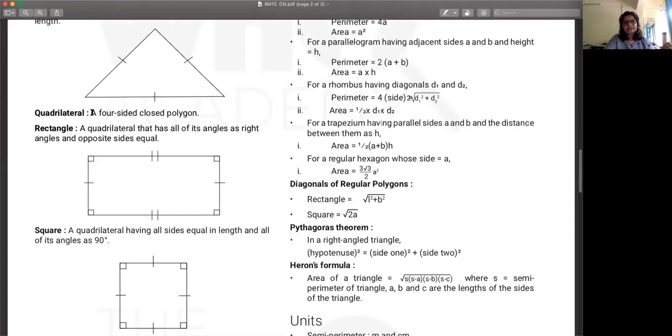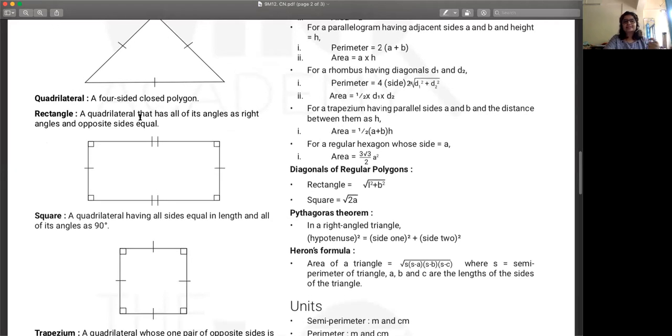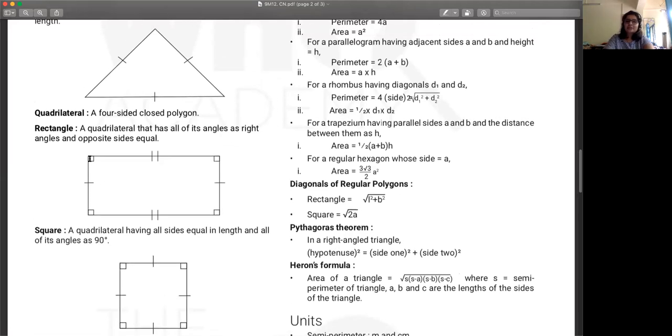What are quadrilaterals? Four-sided closed polygons. And these are some common quadrilaterals. A rectangle is a quadrilateral. A rectangle has four sides. And what are its special properties? Opposite sides are equal.